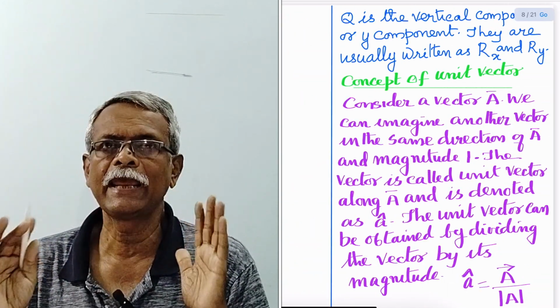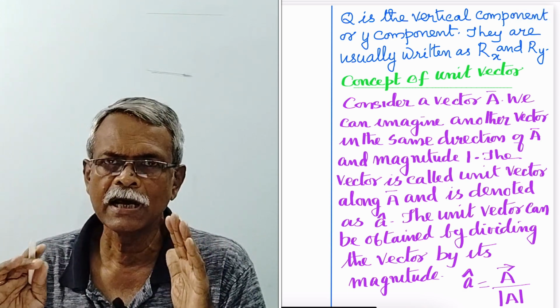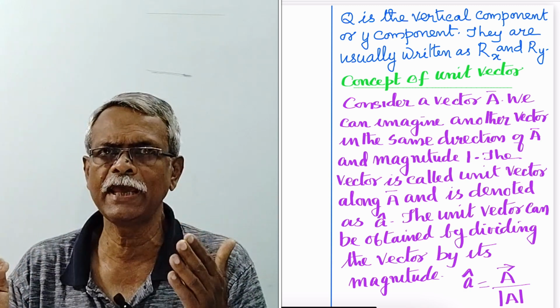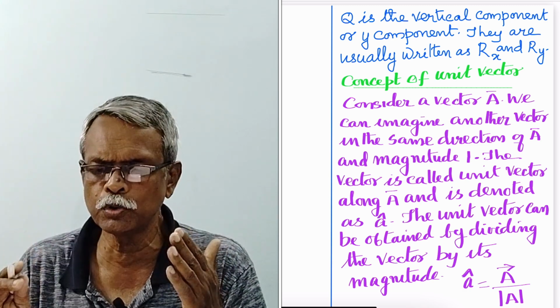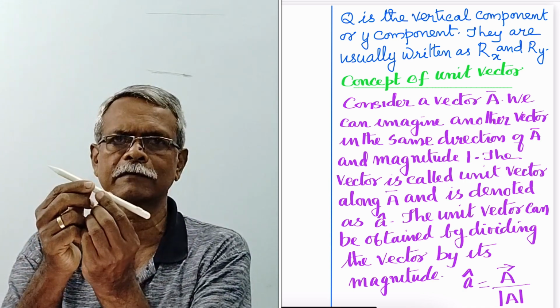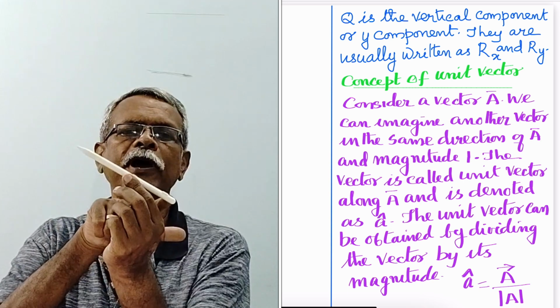Consider a vector A. We can imagine another vector in the same direction as A and having a magnitude of 1. For example, imagine this is a vector. This vector represents 5 Newton.